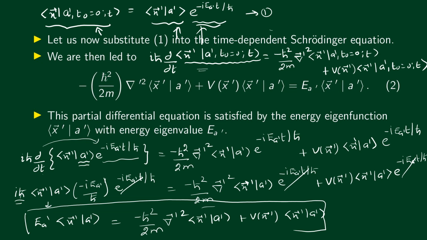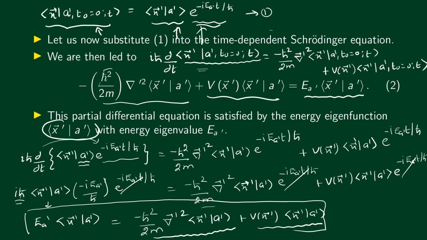So we have got minus h bar squared divided by 2m del prime squared acting on bra x vector prime ket a prime, that term is written here, all right? Plus V of x vector prime bra x vector prime ket a prime, this term, this is equal to E_a' multiplied by bra x vector prime ket a prime. Alright. Now this partial differential equation is satisfied by the energy eigenfunction bra x vector prime ket a prime. Right. So this is the partial differential equation that is satisfied by the energy eigenfunction.